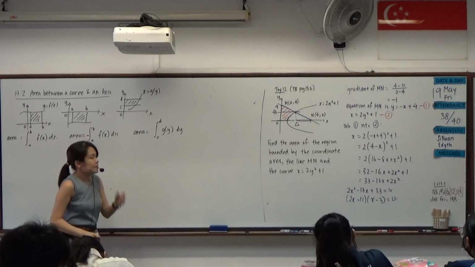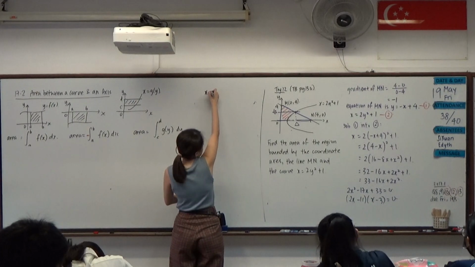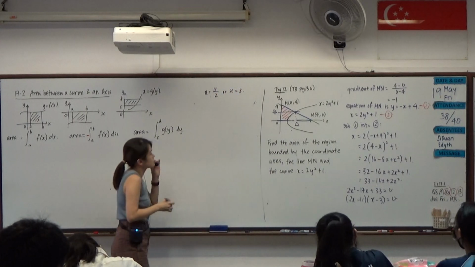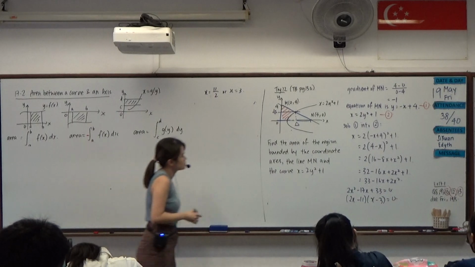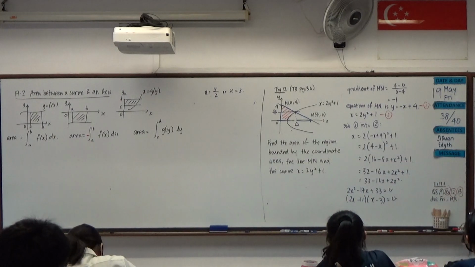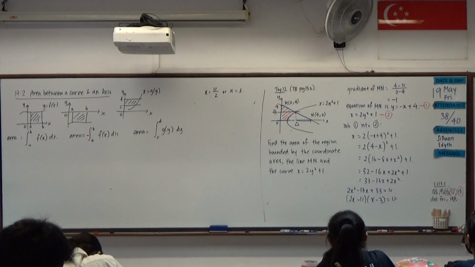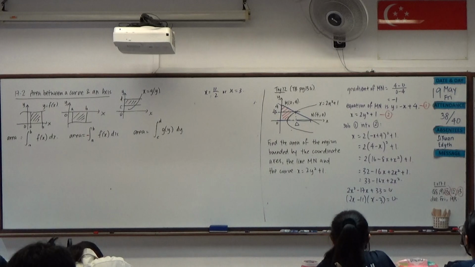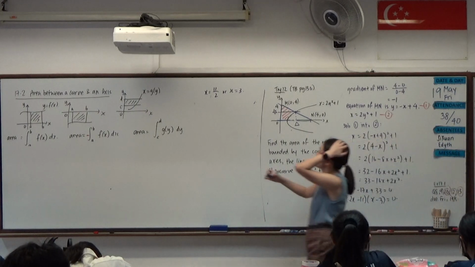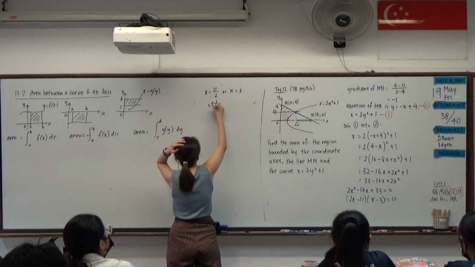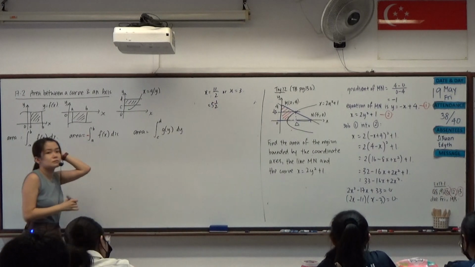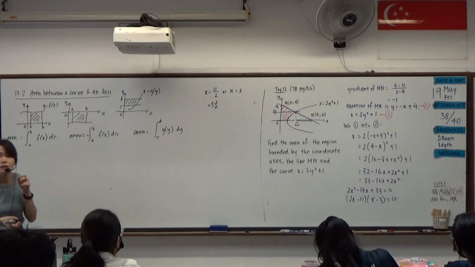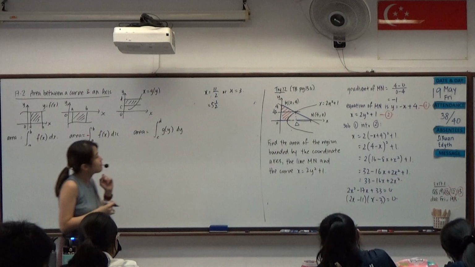Then that means that x equals 11 over 2 or x equals 3. 11 over 2, that is your 5.5. Both are positive values.